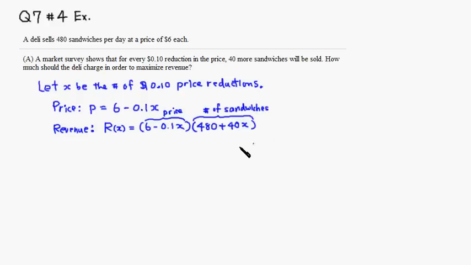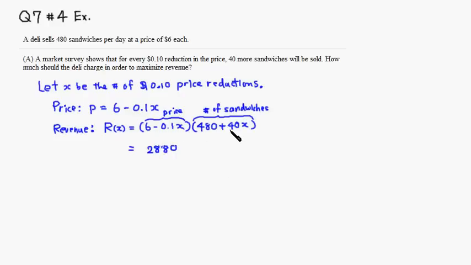Let's just multiply out and see what we can get. 6 times 480. Let's see. 6 times 0 is 0. 6 times 8 is 48. And 6 times 4 is 24. So 2,000 plus 800 is 2,880.